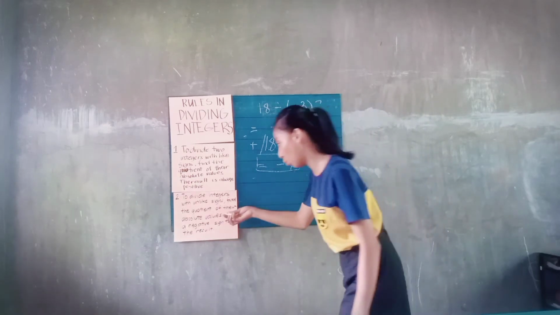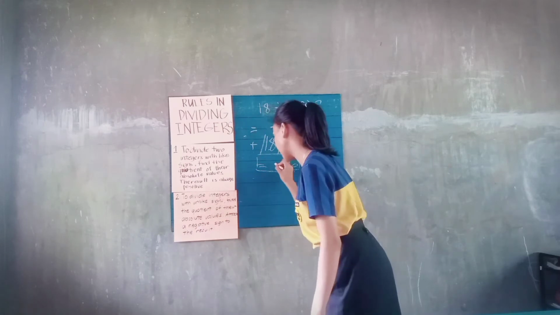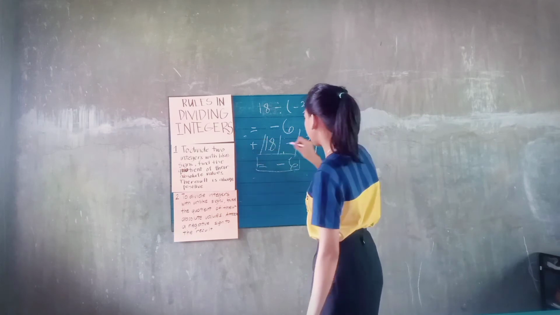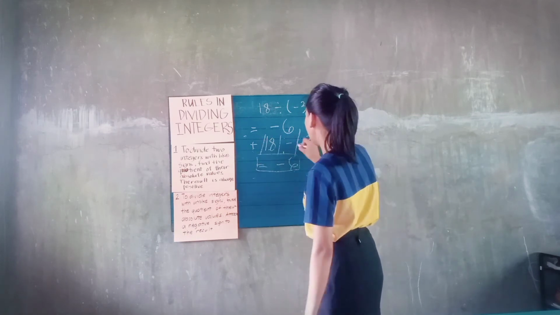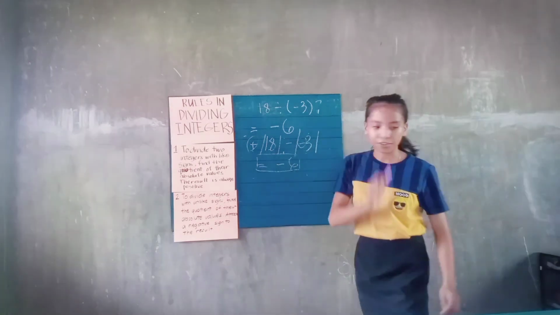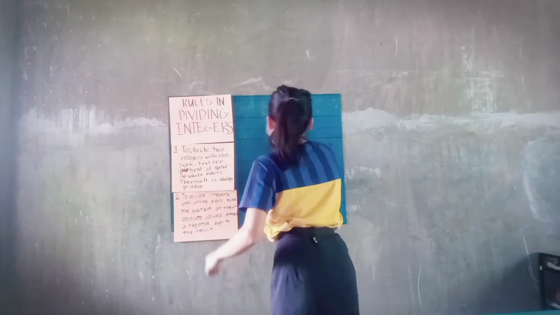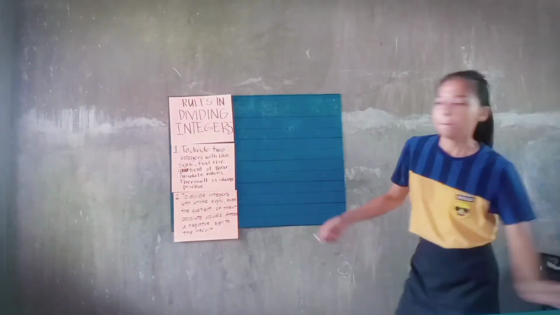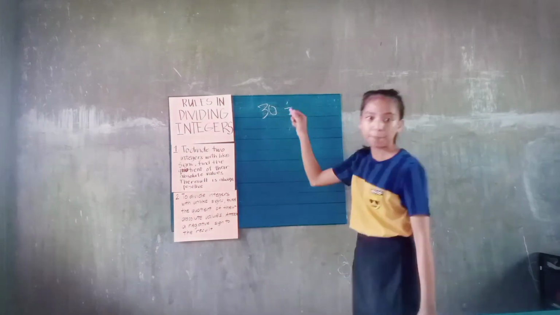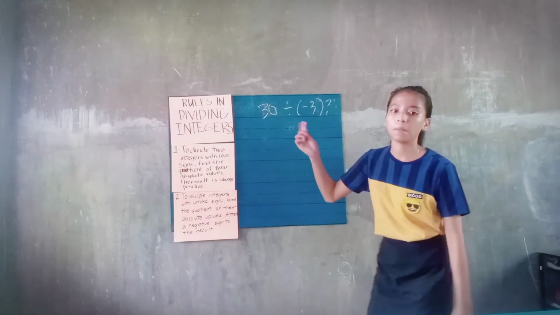Pero since sabi sa rule, kailangan daw na i-attach ang negative sign sa result kapag unlike sign, kapag hindi magkaparehas ang sign ng two numbers, the dividend at divisor. Okay? Another example. Positive 30 divided by negative 3. Okay. What will be the answer?